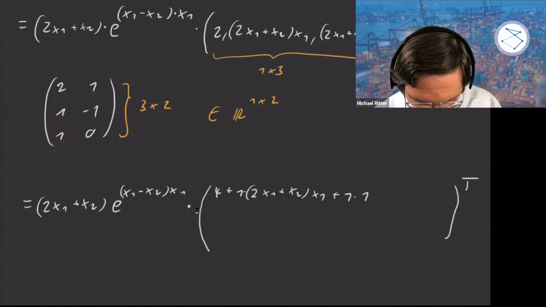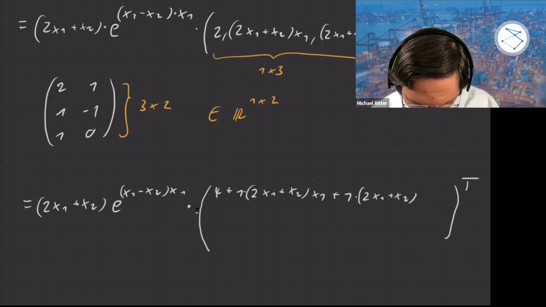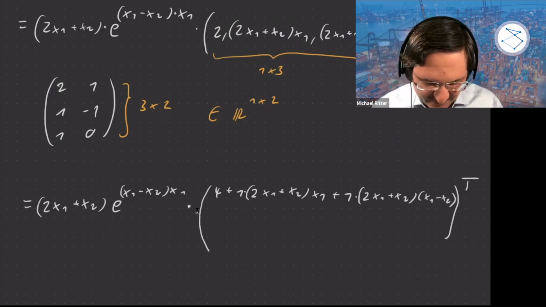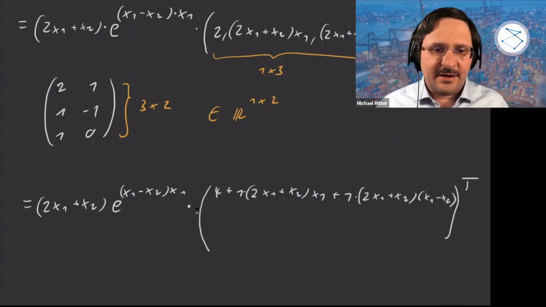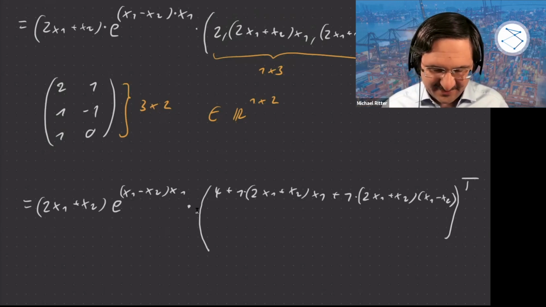So that's 1, sorry, I wrote that 1 already. 1 times 2x1 plus x2. Oops. Yeah, should be here. Times x1 minus x2. Maybe I can write that in a readable way. That should do it. So that's the first column of the actual matrix. Remember, I transposed that.